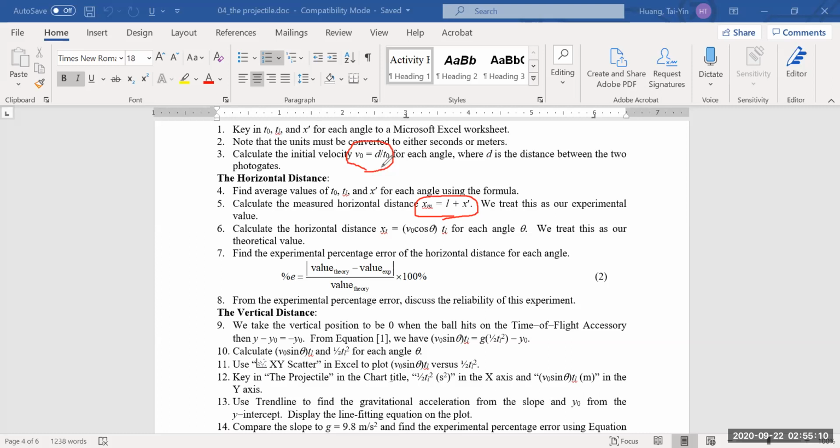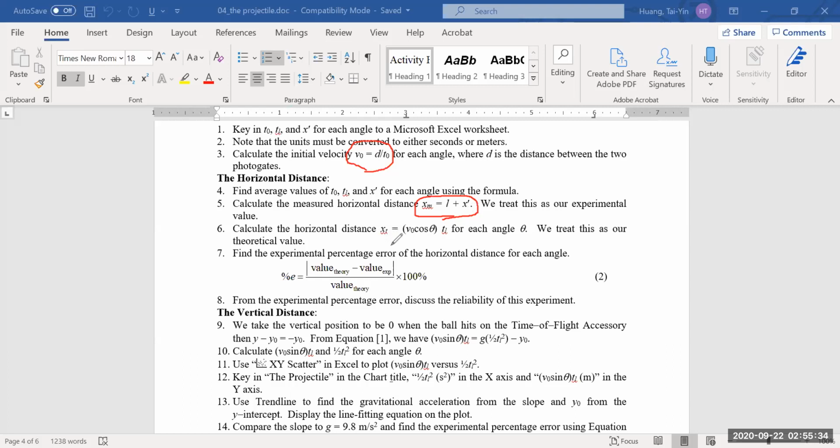And for D here, remember everything has to be in SI units. If you're given distance in centimeters, you need to convert it to meters. So this equation tells you how to calculate v naught, and this equation tells you how to calculate L plus x prime. X prime, of course, remember, is the average value.